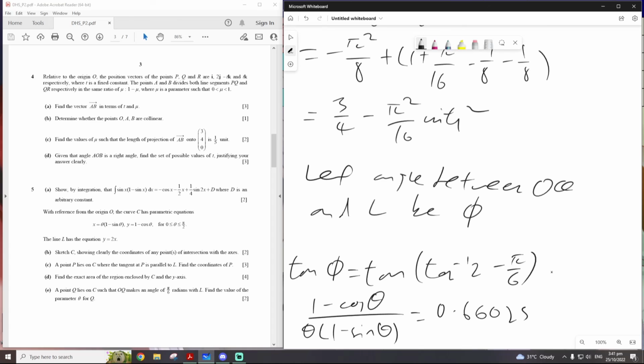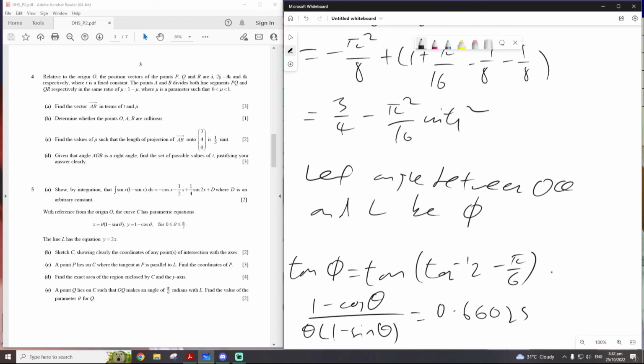So now you're looking for a solution in the interval 0 to pi over 2, of course.